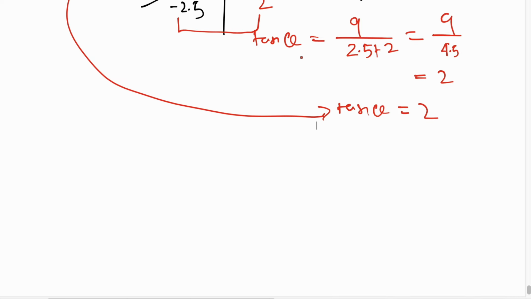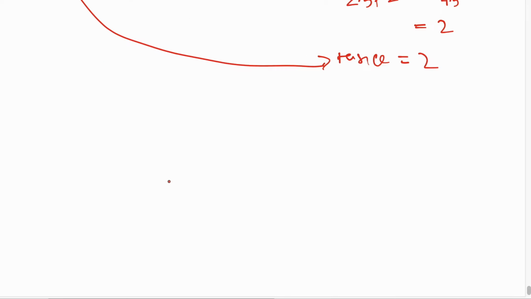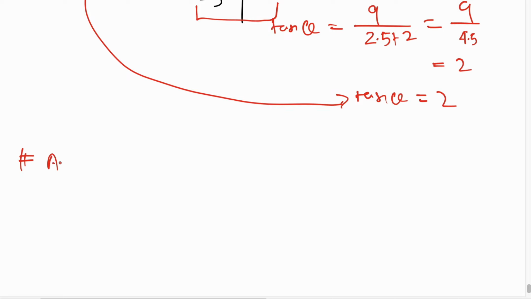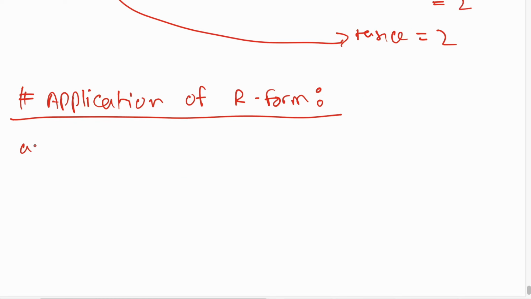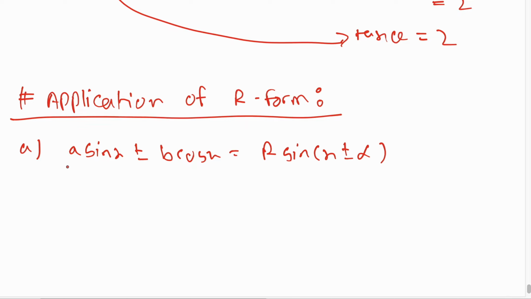Okay, after that we are going for the application of R form. Application of R form. Let's say a sine x plus or minus b cos x is equal to r sine of x plus or minus alpha.